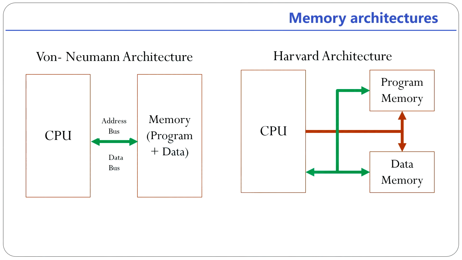In von Neumann architecture, a single memory is used for both program and data. The same bus is used for instruction and data transfer. This makes the design simple and low cost, but it is slower because data and instructions cannot be accessed at the same time.